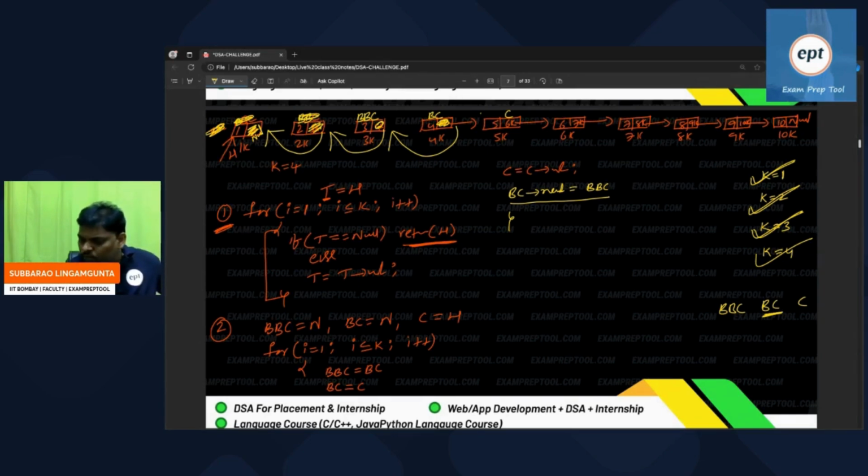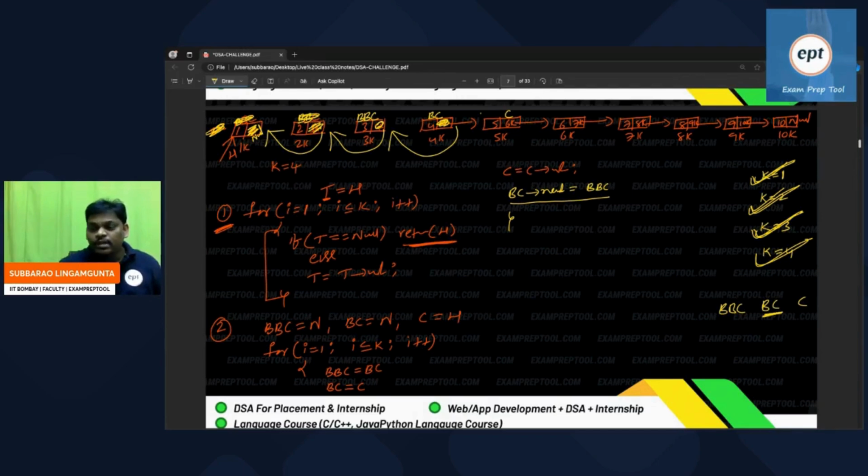So 4 times you did the reverse, 4 people are reversed. Current node is in the fifth place. Please try to understand. And before current will be at the fourth node. Before before current is in the third node. Like that, all the things are going on. So at the end of this code, try to remember.